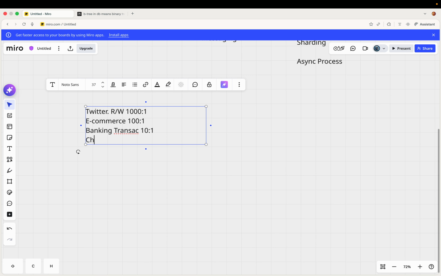And chat messaging, people might obviously confuse here, but actually this has some 3:1 ratio, like 3 reads to 1 write. So this one we can consider as write heavy. This is actually the border between write heavy and read heavy. We should consider anything which is less than 3:1 as write heavy.